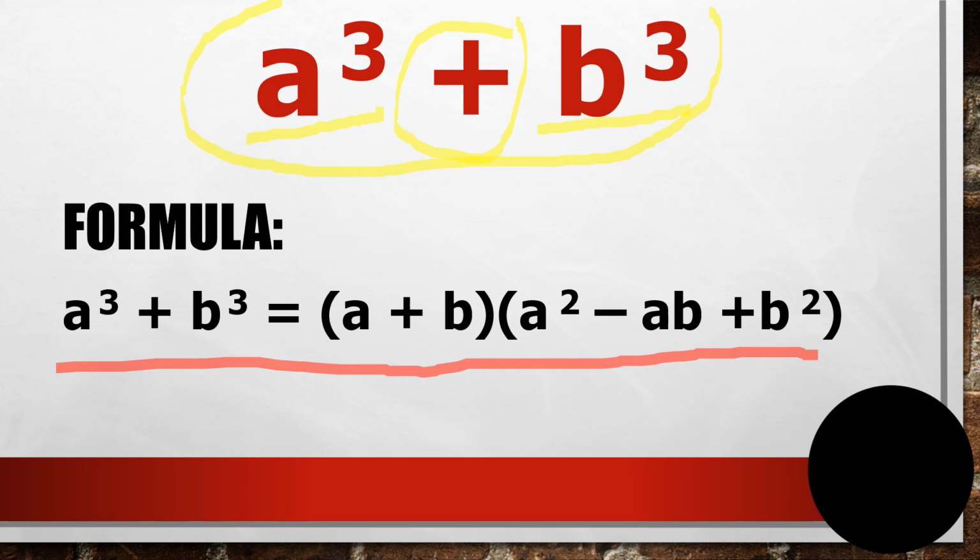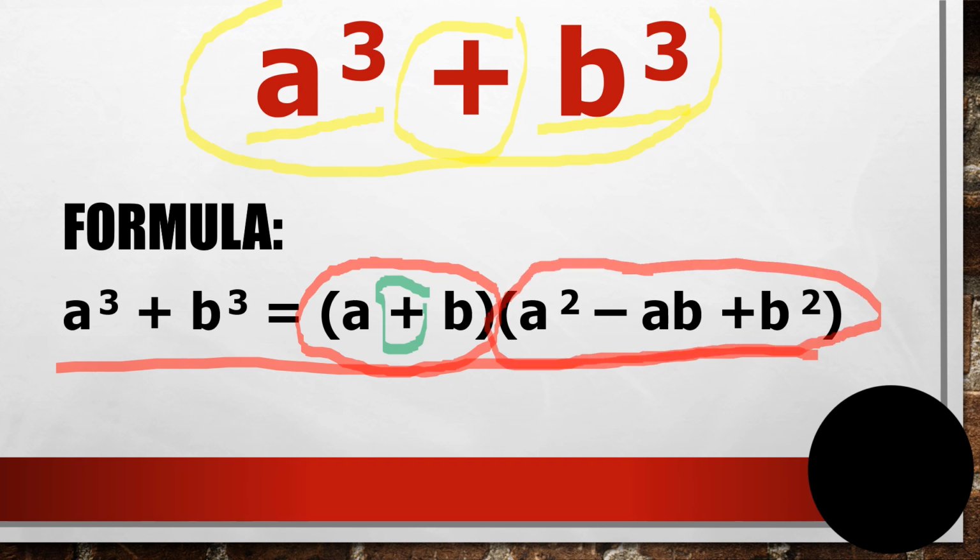Now for the sum case, the binomial factor of the equation has a middle sign that is positive. In addition, the middle sign of the trinomial factor will always be opposite to the middle sign of the given problem.